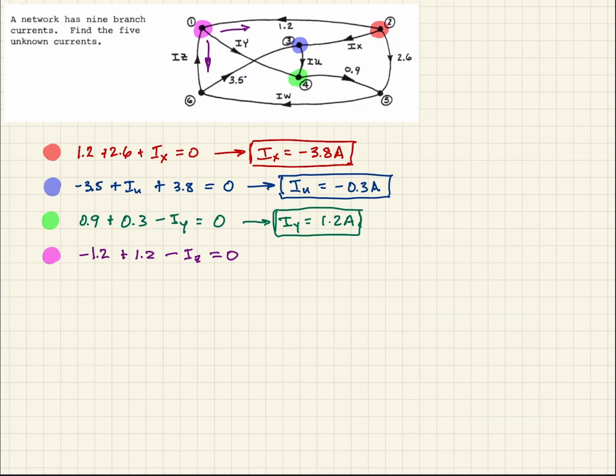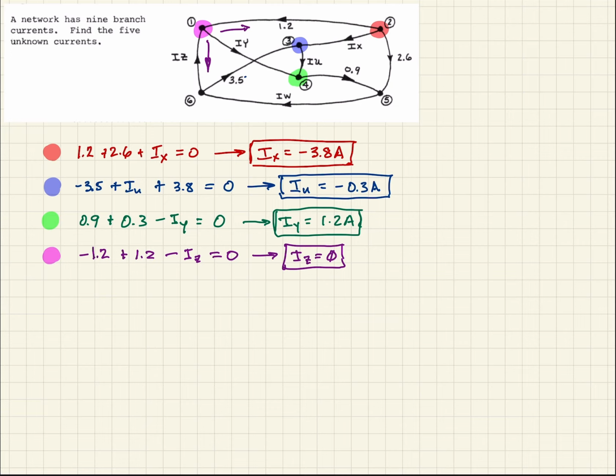So when we solve for IZ, we see that the negative 1.2 and the positive 1.2 cancel out. Oddly enough, IZ is equal to 0. So no current flows in that branch from node 1 to 6.